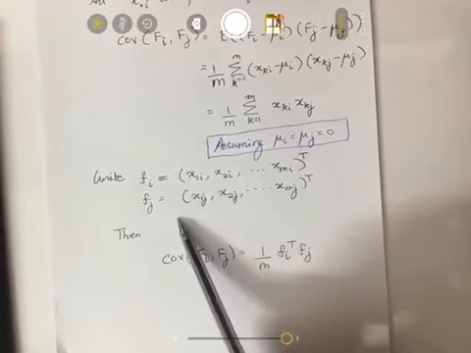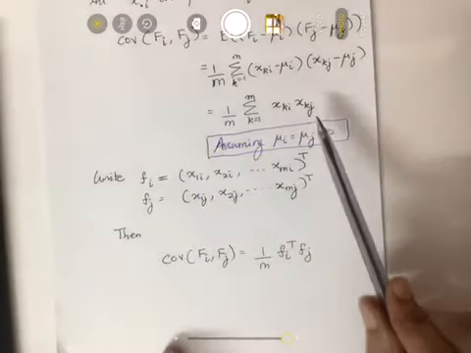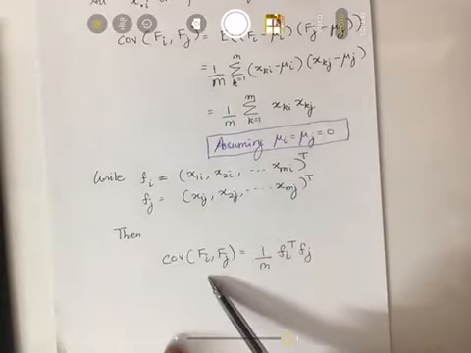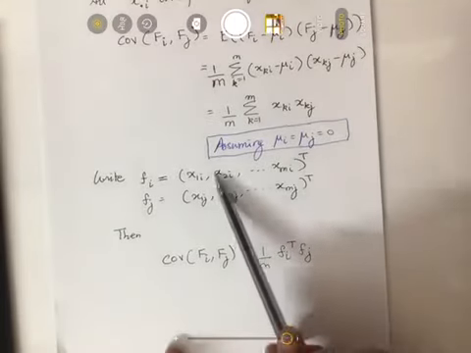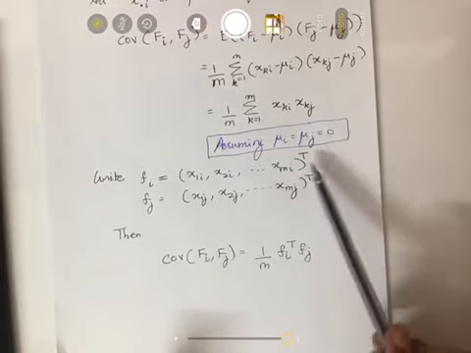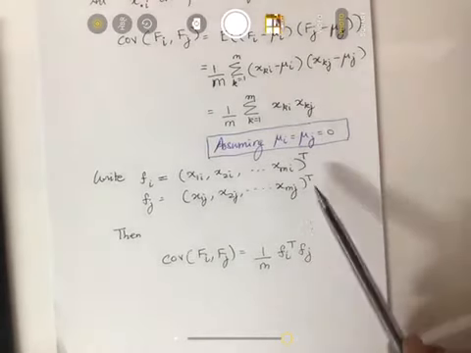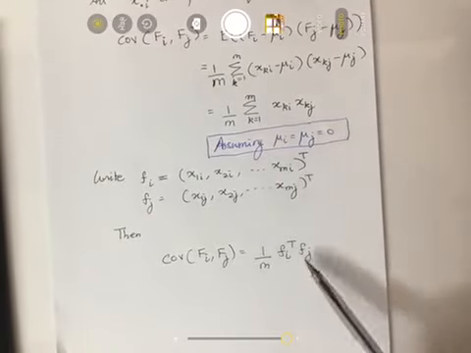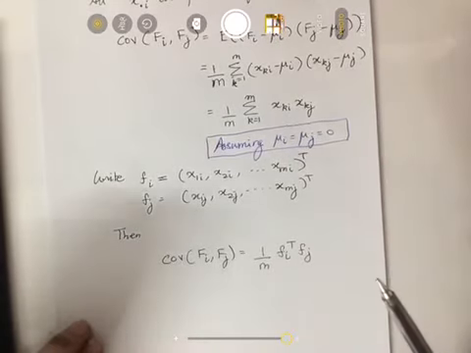Okay, so when we do that, then we would realize that this expression here, which is the covariance of Fi Fj, would be just 1 by m times the dot product of these two feature vectors. So the covariance would be just the dot product of these two vectors. And this is a concise representation for the covariance between feature i and feature j.